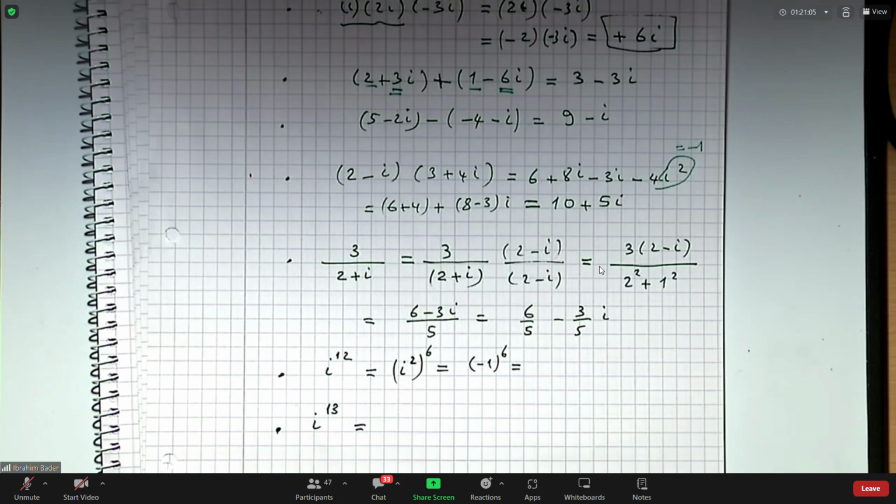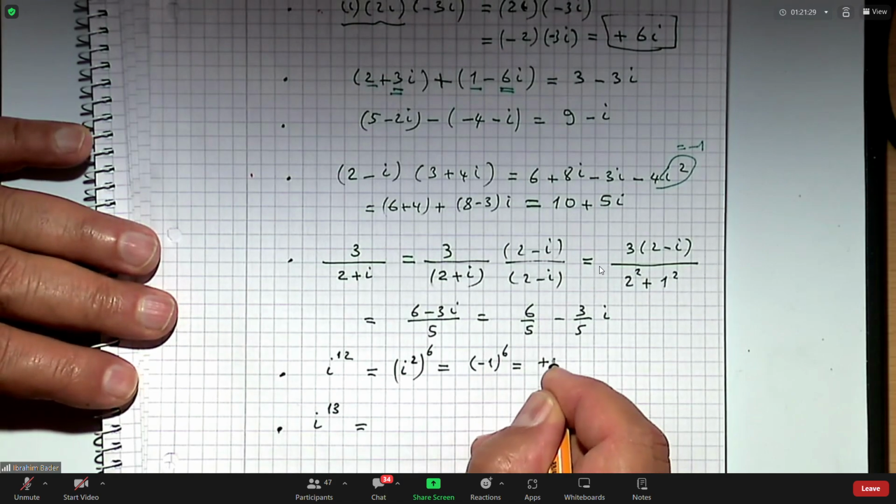To generate negative and positive alternately in mathematics, we use this rule that -1 to an even power is always +1, and -1 to an odd power delivers a negative, right? So in this case you have an even number and the outcome here is +1.